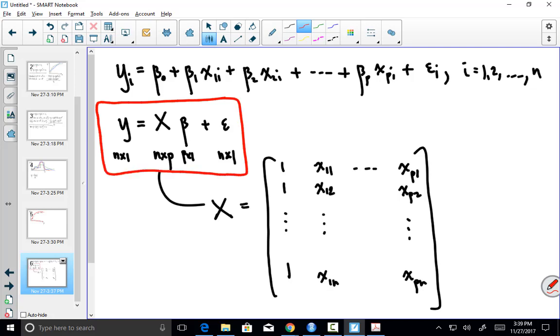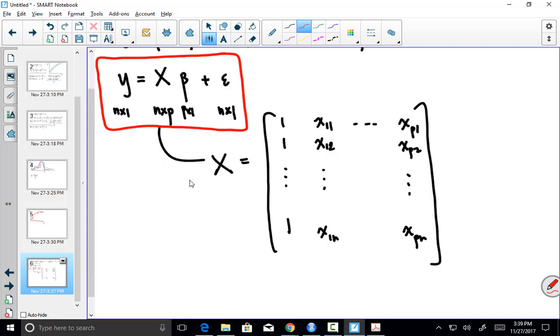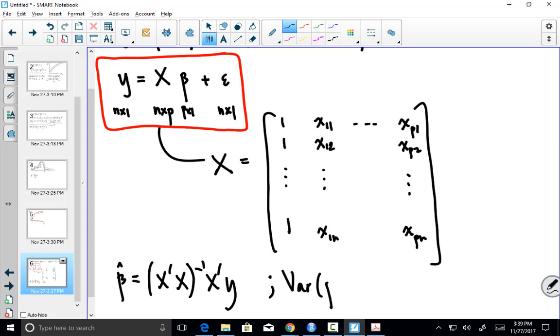There's a general result that says beta hat, the vector of coefficient estimates, is X transpose X inverse X transpose y. And the variance covariance matrix of beta hat, under appropriate assumptions, is also easy to compute.